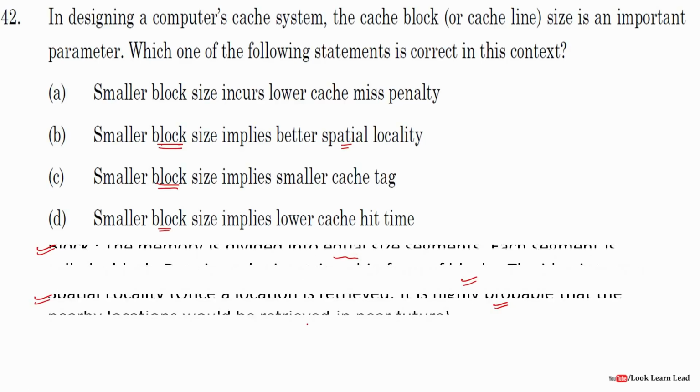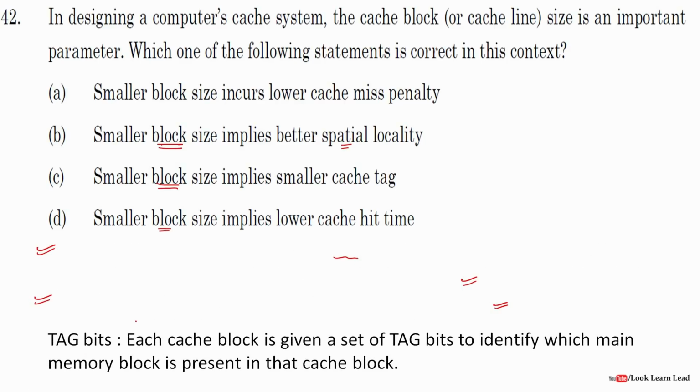Now another thing is the tag, because tag is also used here. We have divided our memory into blocks, and each block is given a set of tag bits to identify which memory block is represented in that cache block. Suppose, just as an example, we have divided our memory into four blocks, B1, B2, B3 and B4.